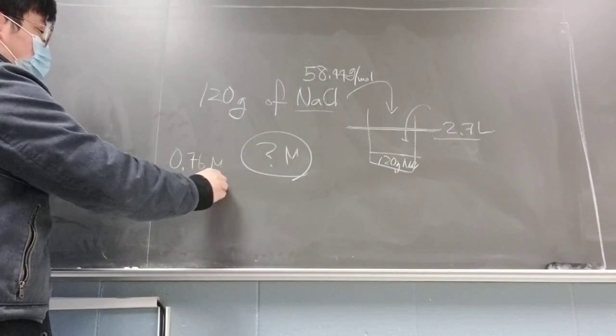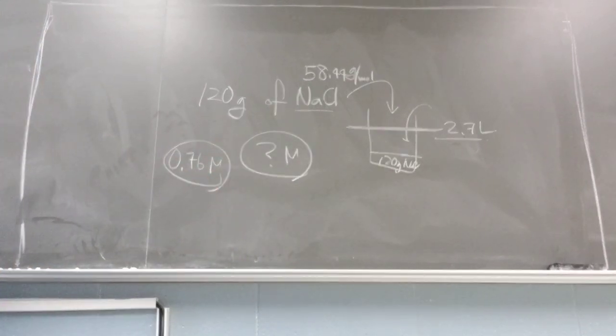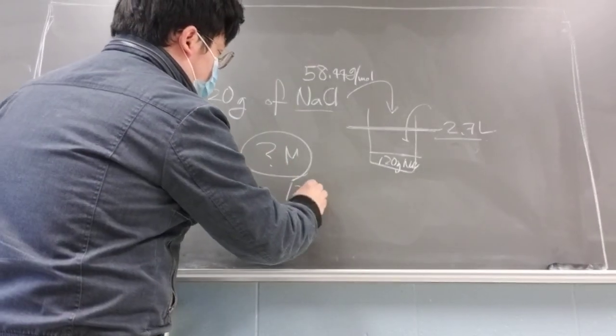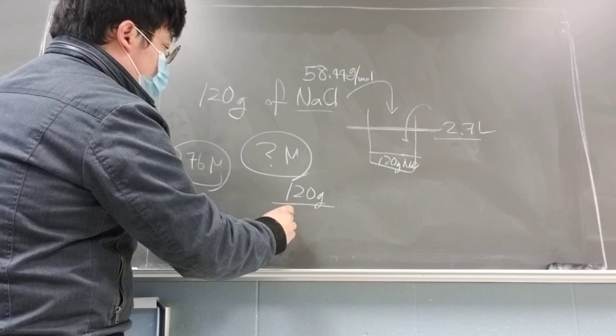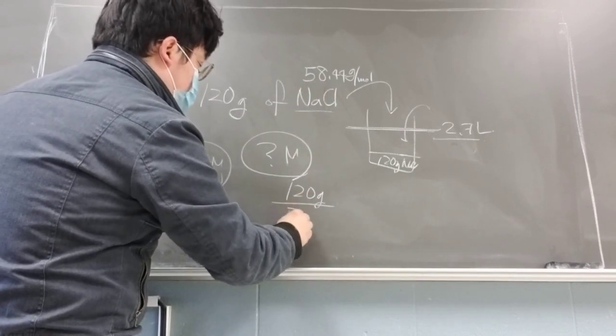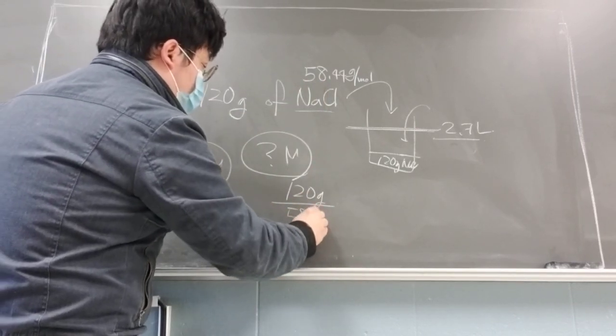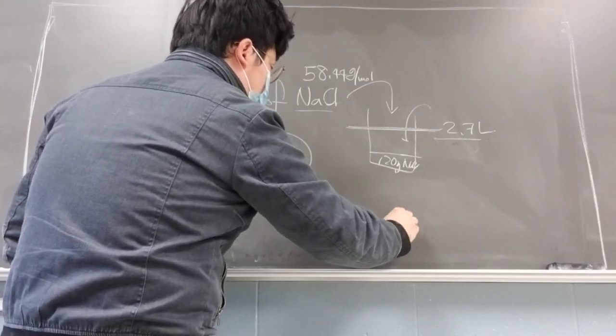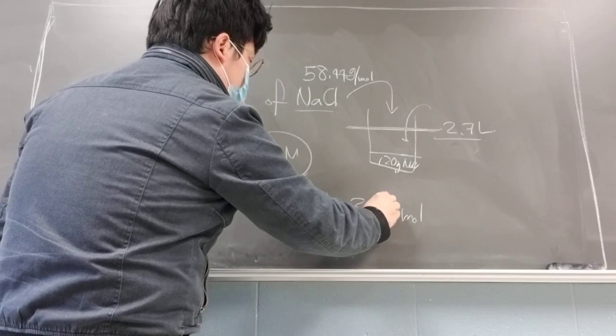Okay, yeah, good, perfect. So basically, same, right? So 120 grams divided by 58.44 grams per mole. So the grams cancel, and you get the moles, which is about 2.05, right?